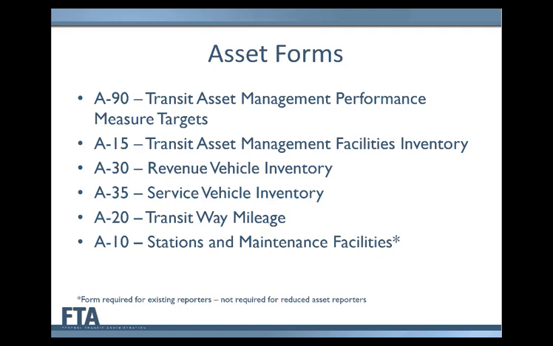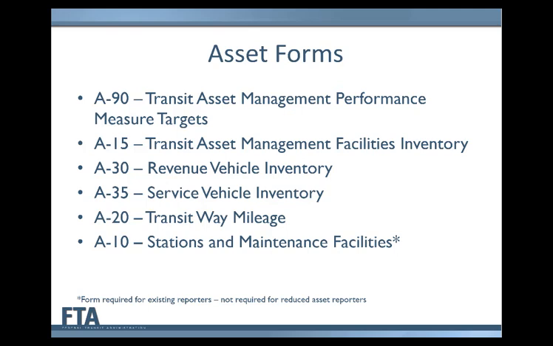The A35 form, Service Vehicle Inventory, is a new asset form that will collect data on service vehicles that are used to support revenue service. This form will only include vehicles for which an agency has capital responsibility. The A20 form, Transit Way Mileage, only applies to agencies that operate over fixed guideway.